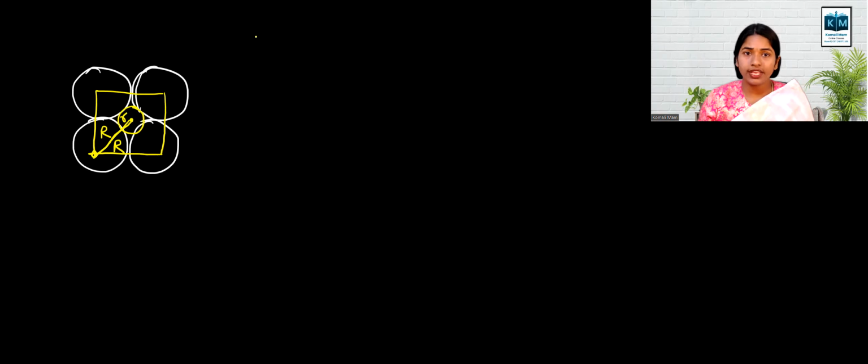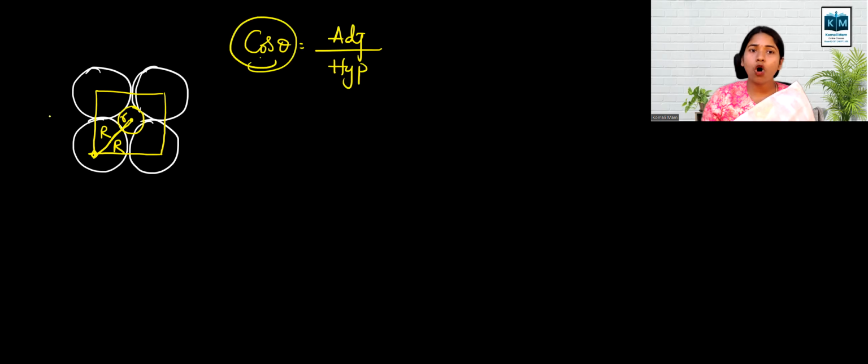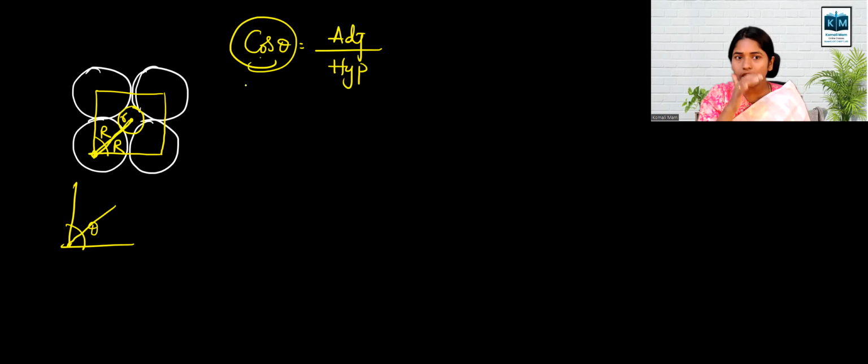So how can we do it? The formula is cos theta is equal to adjacent by hypotenuse. What is the cos theta here? The total angle is actually 90 because exactly it is a square. So the angle is 90, and we are taking half here. So it is cos 45 degrees, exactly half.